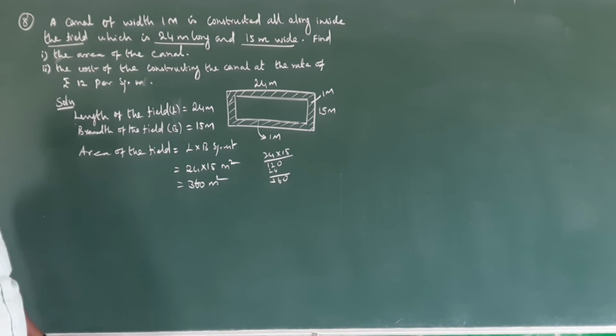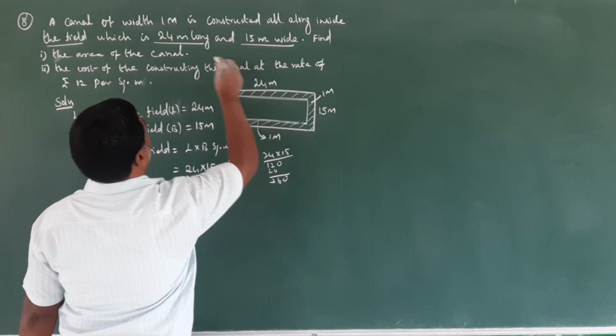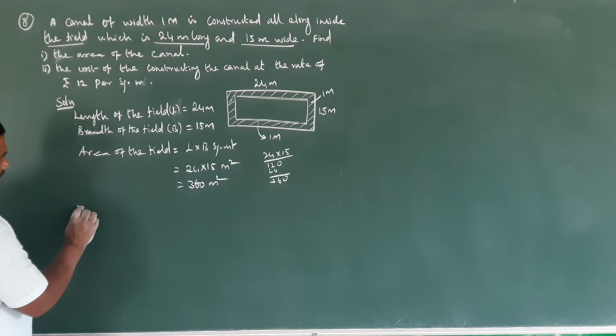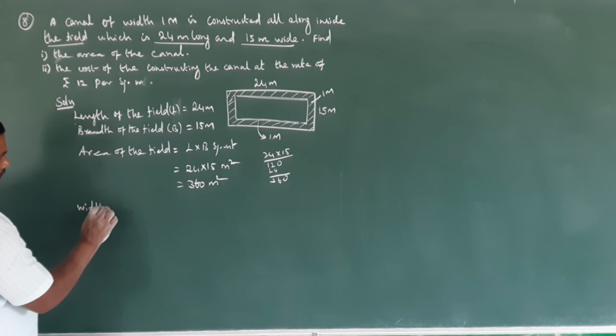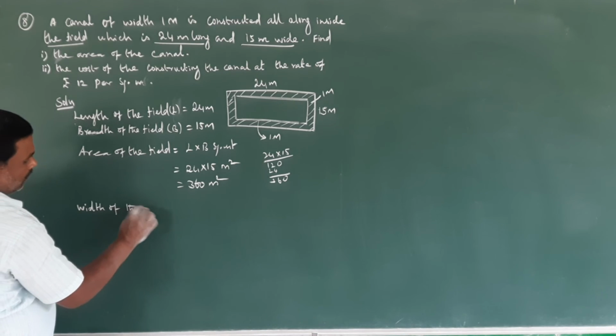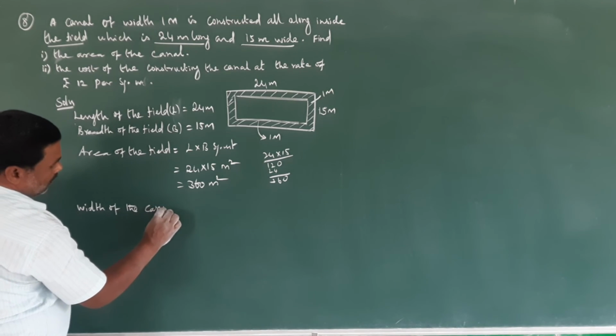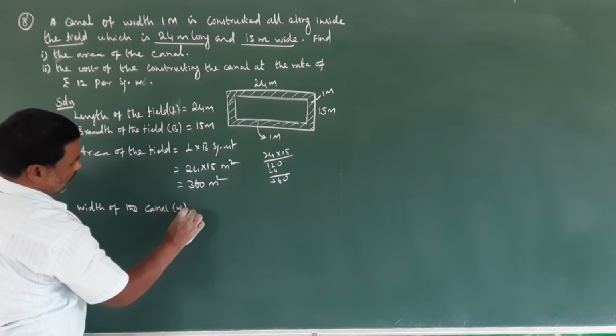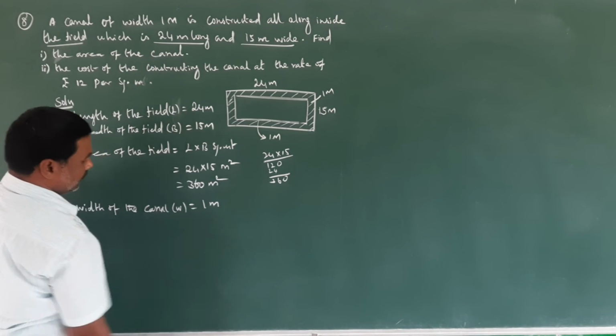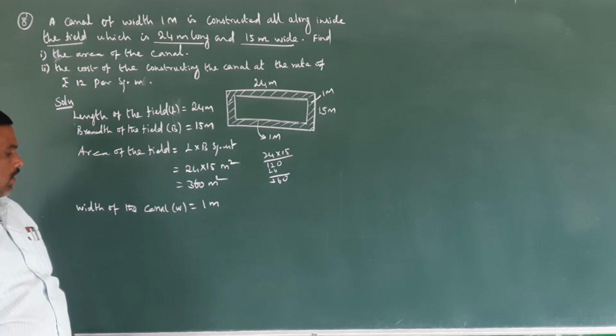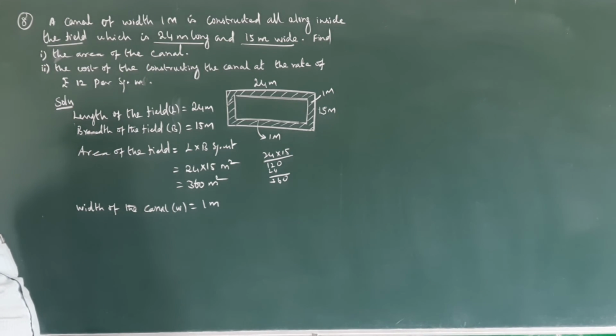Now the width of the canal, W, equal to 1 meter.